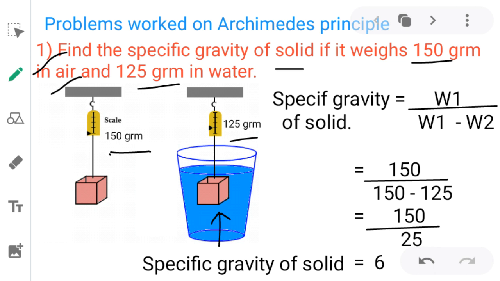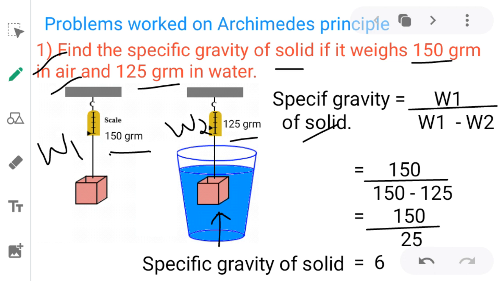So, how to find out the specific gravity of a solid in Archimedes principle? There is a simple formula. Specific gravity of solid equals W1 divided by W1 minus W2. Coming to this diagram, W1 is the weight of solid in air and W2 is the weight of solid immersed in water.